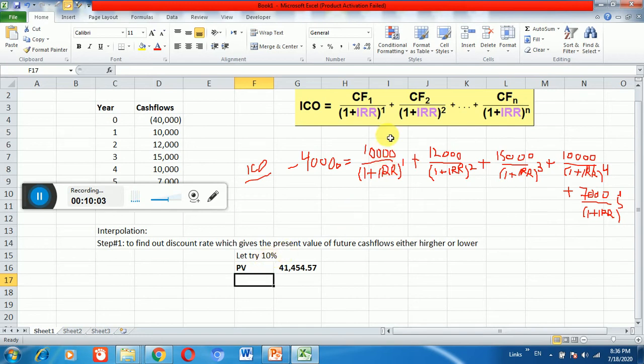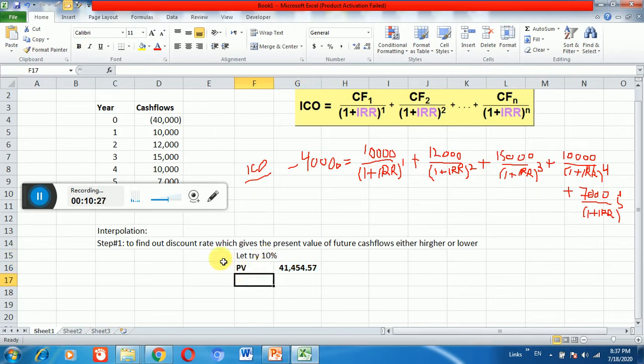Because when you increase the value in the denominator, the result will decrease. So if by the 10% it is giving 41,000, obviously, if you increase it, then the present value will become lower. The more you want this value to be lower, the more you have to increase the interest rate.